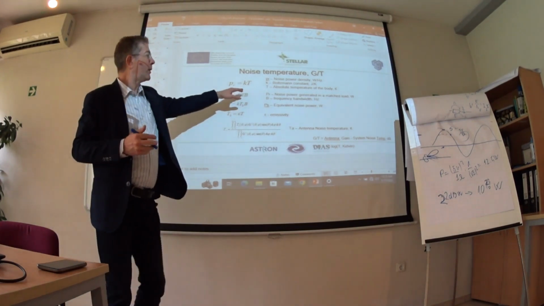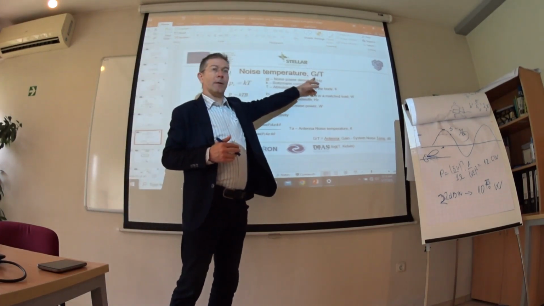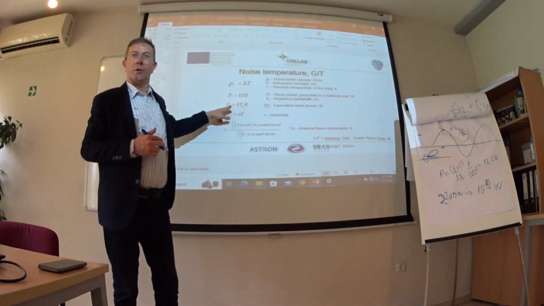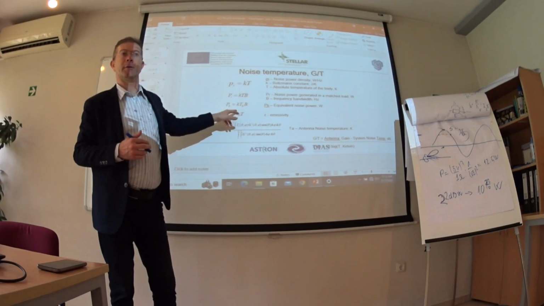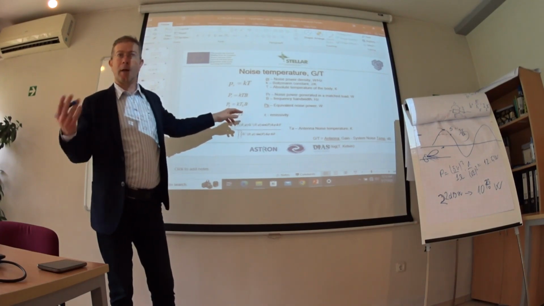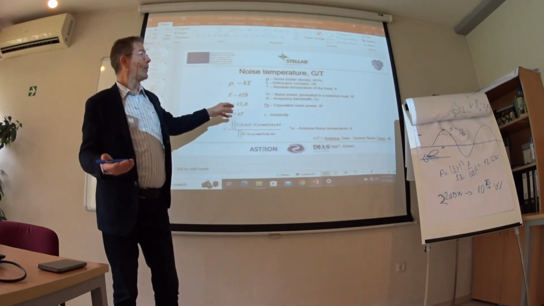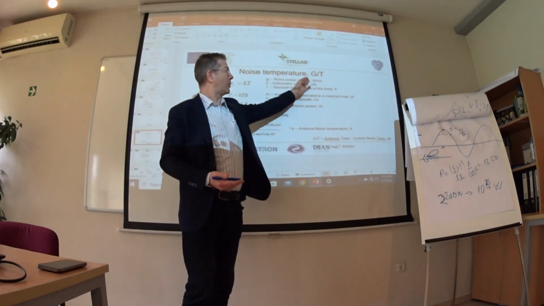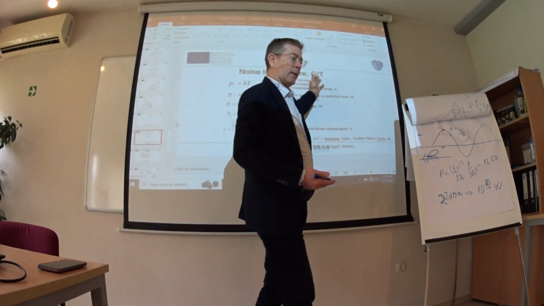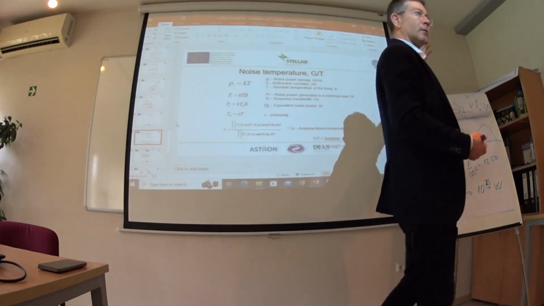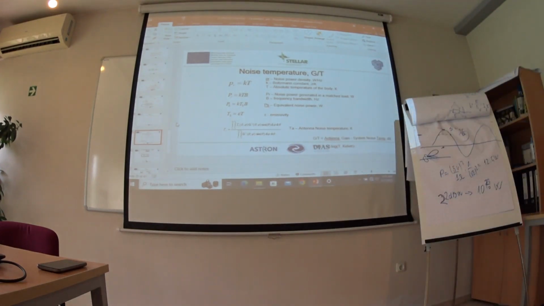And if we divide the gain of the antenna by the noise temperature that this antenna actually exhibits, we call it the figure of merit of the antenna, or G over T. And if you buy an antenna for your radio telescope, yes, that's the name, figure of merit.